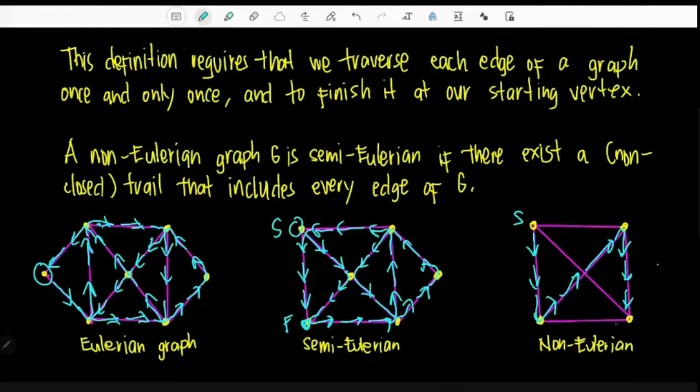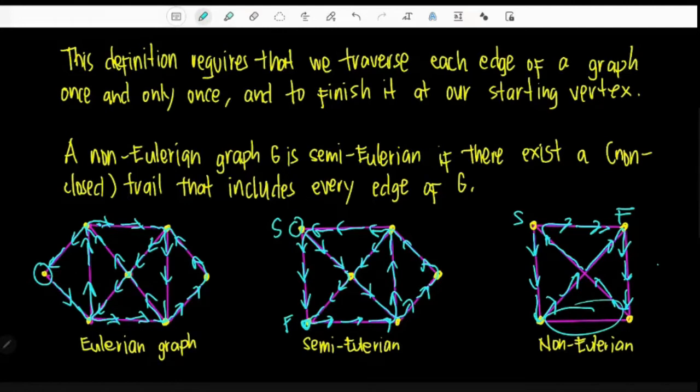So if I choose the bottom edge, I can no longer trace the upper edge and the diagonal. So if I choose, on the other hand, the diagonal, I can still trace the upper edge, but I'm done here. I cannot trace the last edge.